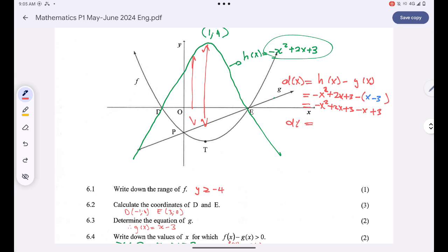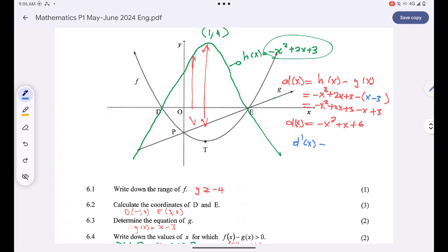So the vertical distance between the two graphs h and g, we'll find by this expression: negative x squared plus x plus 6. This equation will give us any vertical distance between h and g. Are you together? But since they want us to find the maximum distance, once you come across the word maximum in maths, please note that you are supposed to find the derivative.